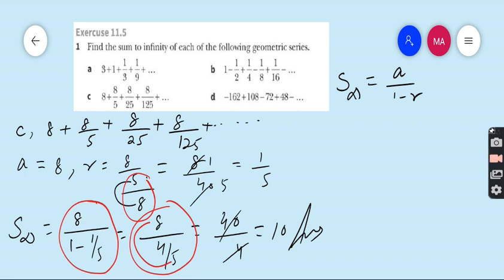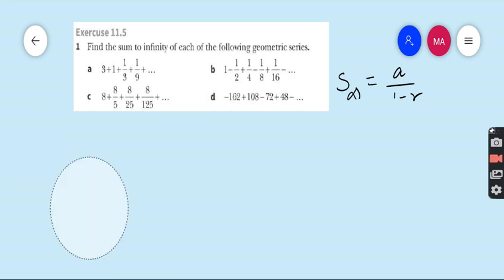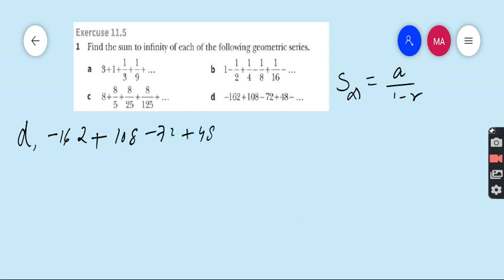Move to the last part, D. Part D is minus 162 plus 108 minus 72 plus 48 and so on.